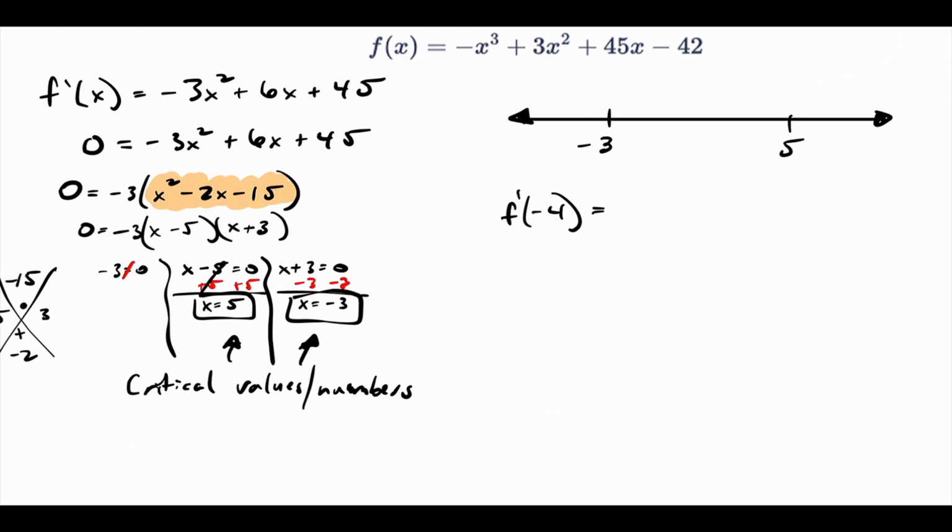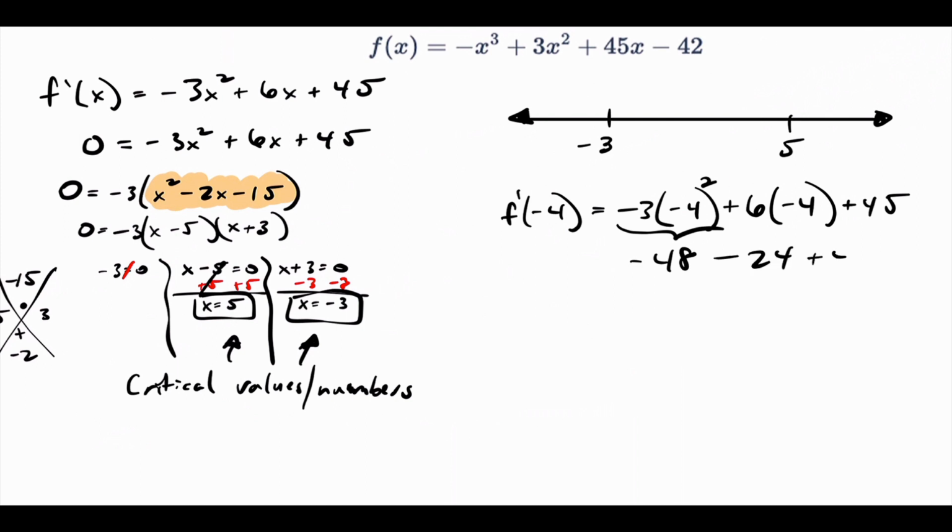So when I plug it into the derivative, I don't have to actually do all of my math. Just do your numbers. When you multiply and add, are you going to get a positive or a negative? Well, let's see. This guy here would be a negative because negative 4 squared is 16 times negative 3 is negative, I believe, 48.